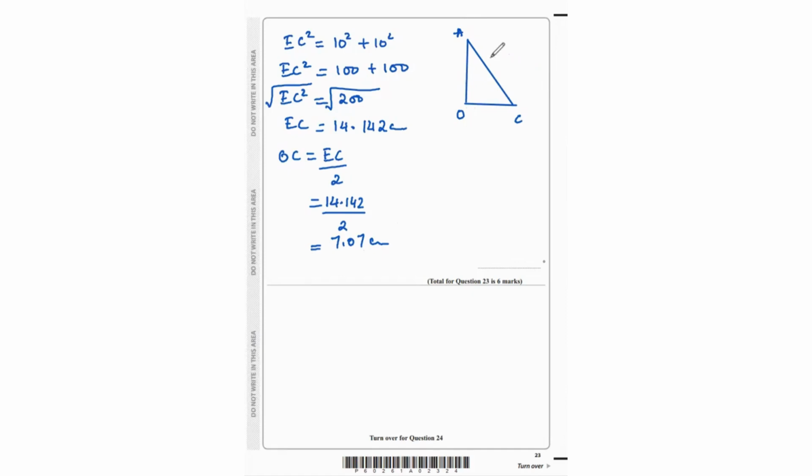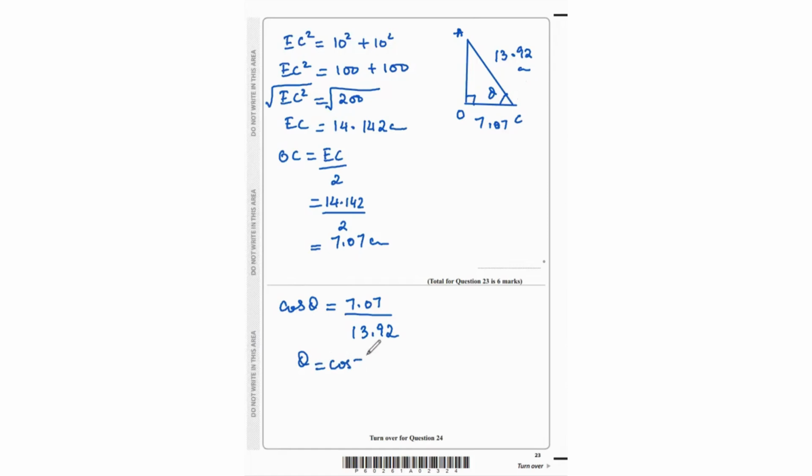AOC. So this was 7.07. This is the angle we're trying to find, and that was 13.92 centimeters. So we have the adjacent, we have the hypotenuse, we have to find the angle. So cos theta equals to 7.07 divided by 13.92.